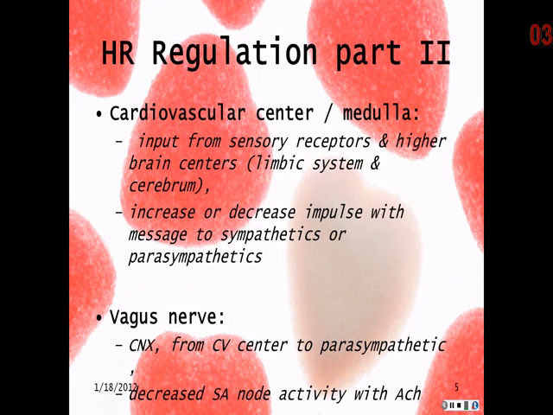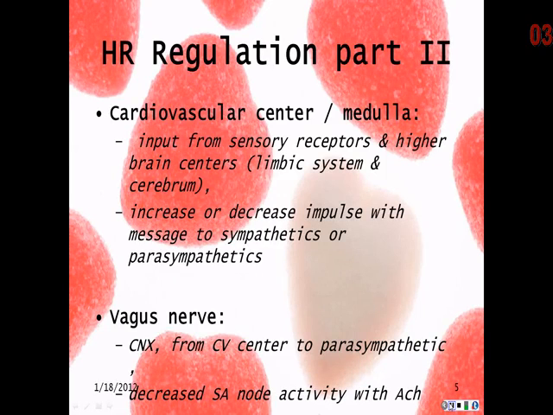The Cardiovascular Center in the medulla oblongata takes the information from sensory receptors in the body and higher brain centers, including the limbic system and cerebrum.